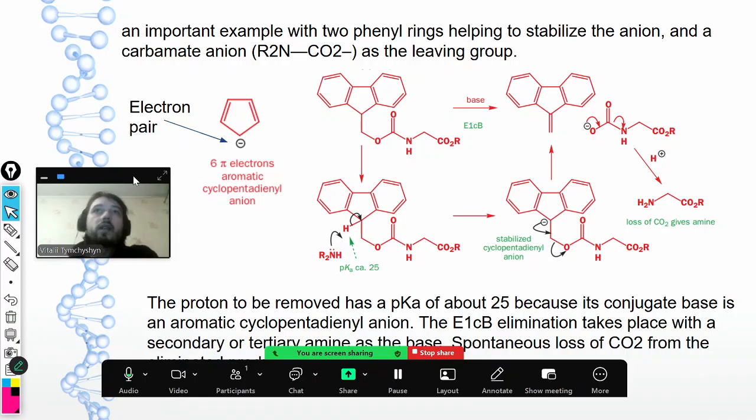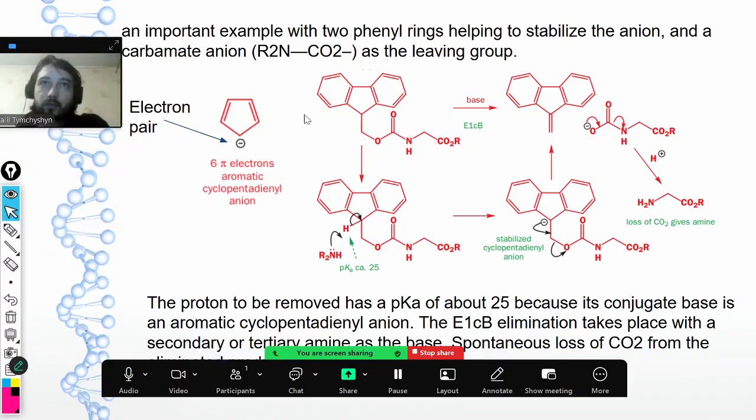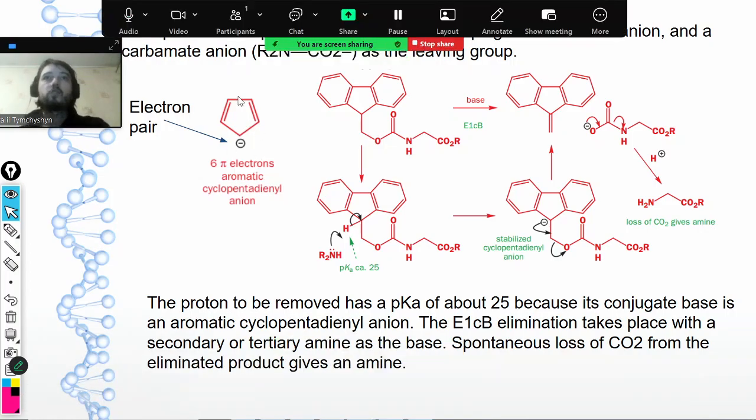Here is an example with two phenyl rings helping to stabilize the anion, and the carbamate anion as the leaving group. Once again, we should have something that is able to stabilize negative charge, and here, according to Huckel's rule, we have an aromatic system with these electrons.